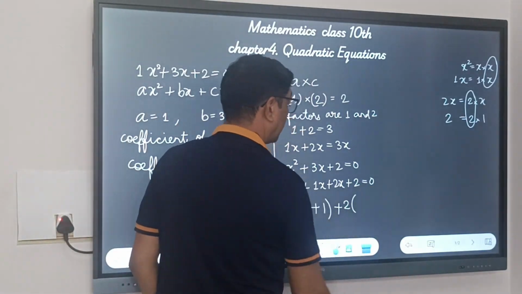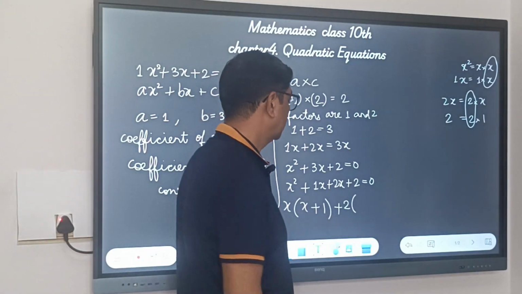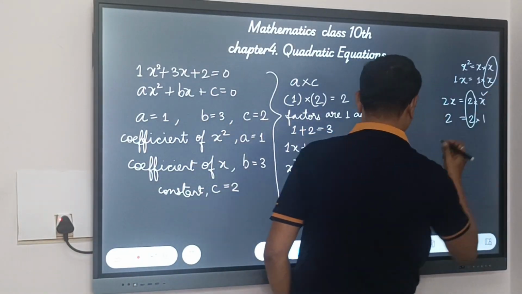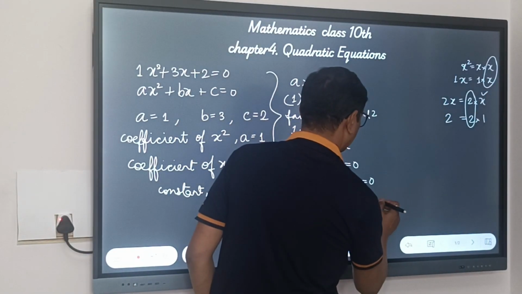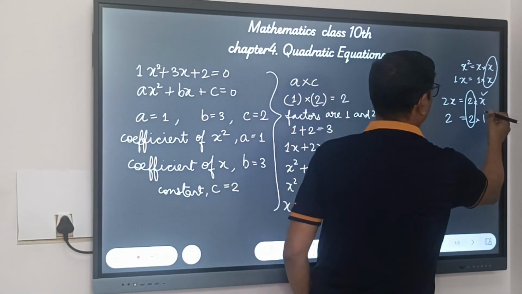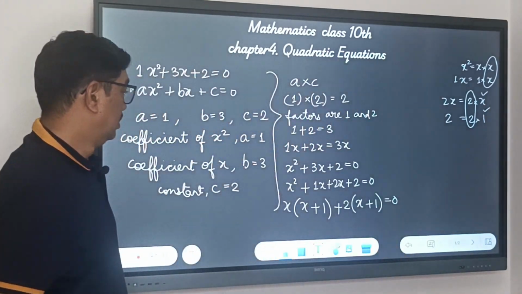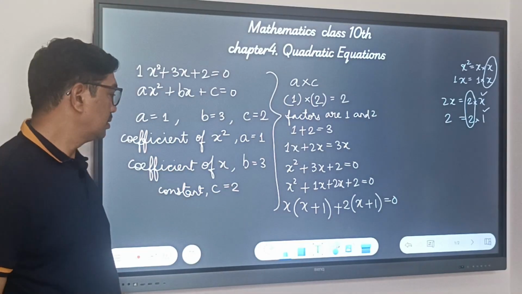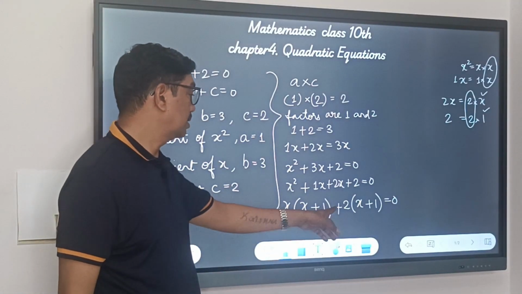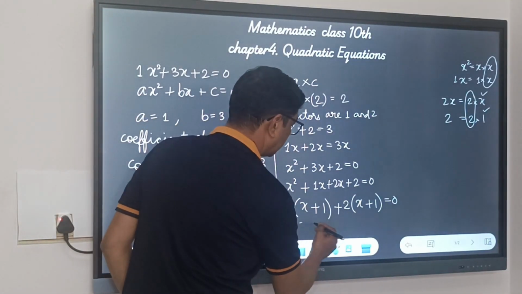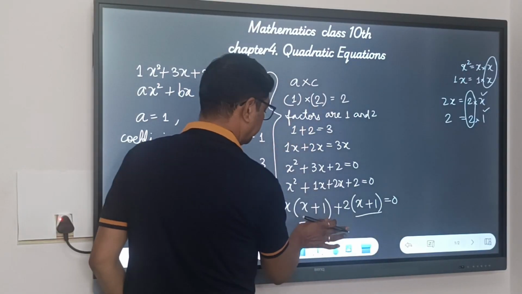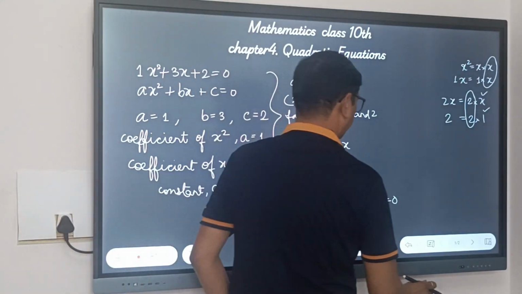So when you open the bracket, what is left over? You are left with x, and plus, here 1 is left over. Is it clear? So x into x plus 1, and you can see both the terms, x plus 1 and x plus 1, are the same.